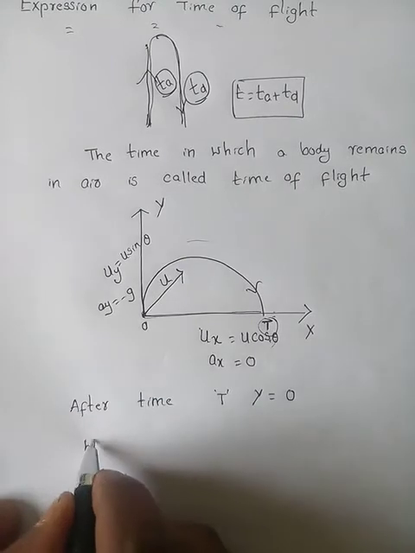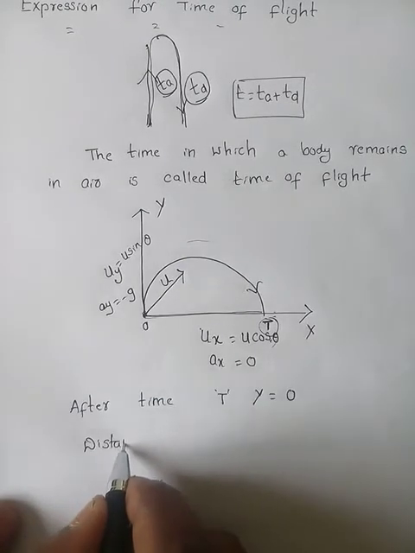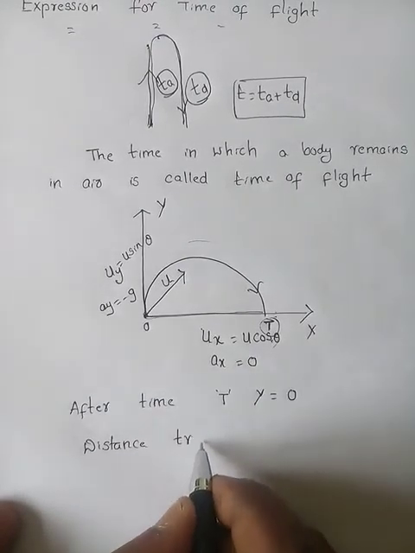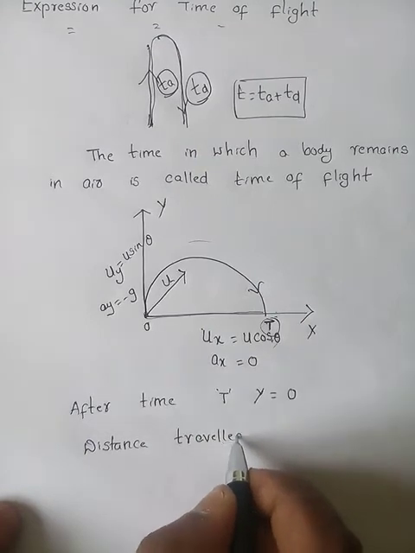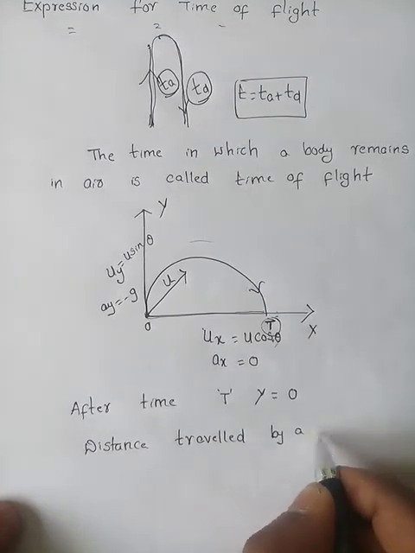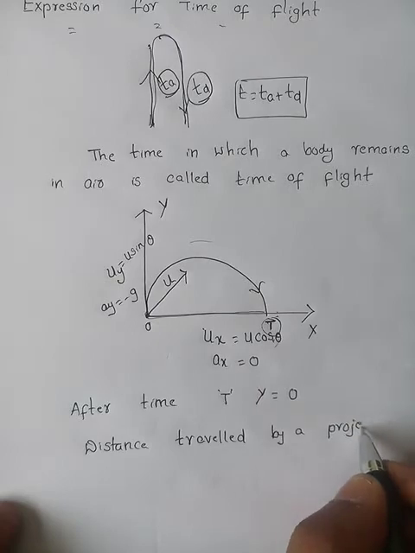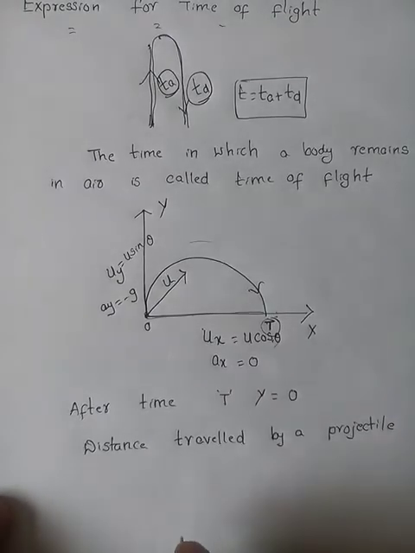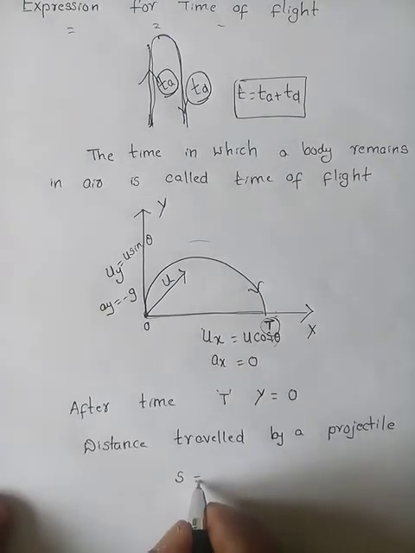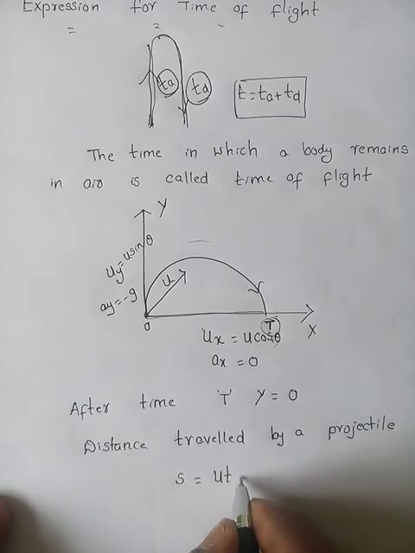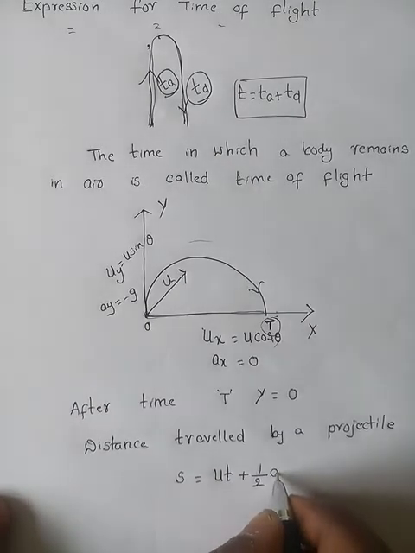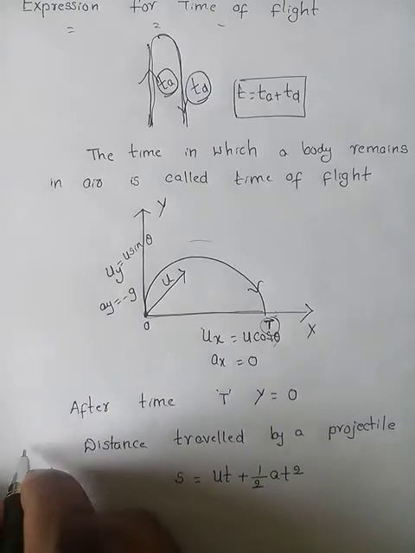So the distance travelled by a projectile: S is equal to ut plus half at square. Here which distance are we considering?